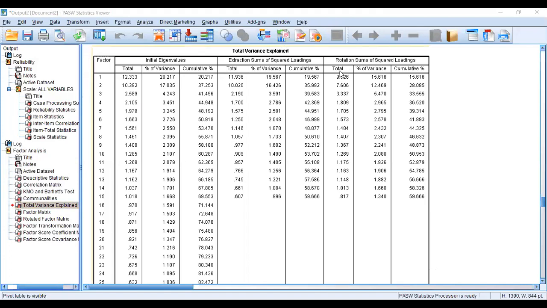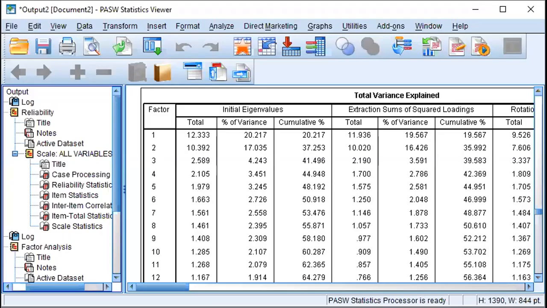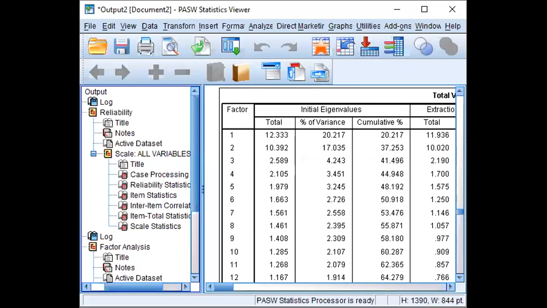The total eigenvalue for factor 1 is 0.956 and the percentage of variance is 15.6.